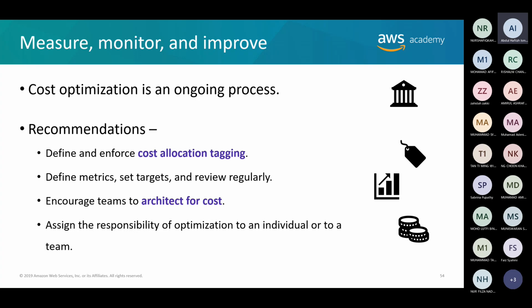So AWS also has AWS Cost Explorer. It's a free tool that you can use to view graphs of your cost. You can use Cost Explorer to see patterns in how much you spend on AWS resources over time. There is also an AWS service such as AWS Trusted Advisor.